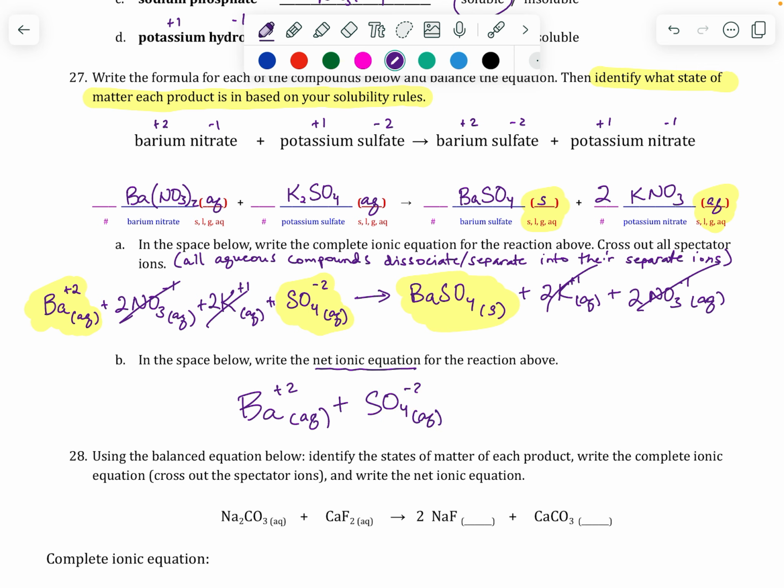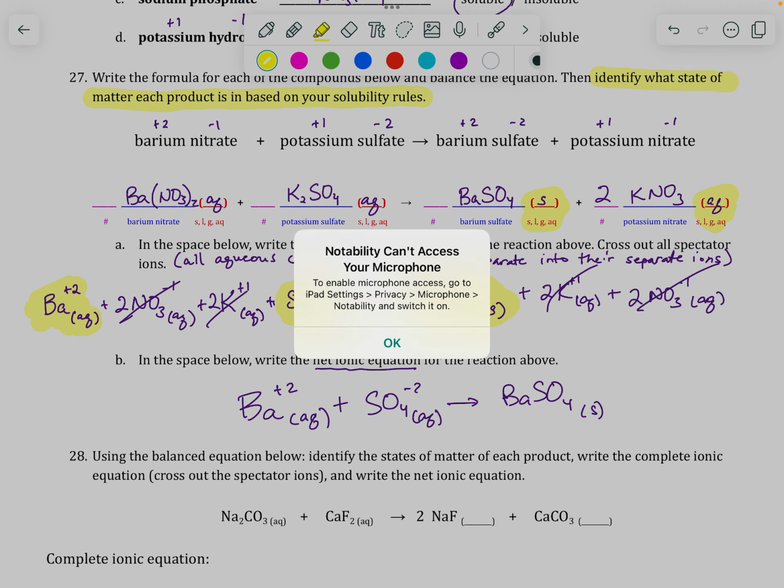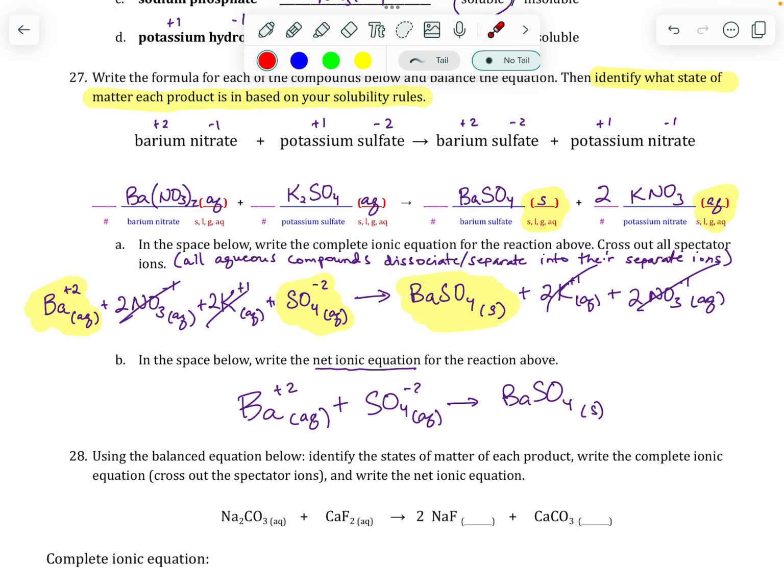So we have our aqueous ions, and then of course we have our solid product. And again, you need to make sure that you're including the charge on all ions that are separate and the states of matter on every ion, as well as our solid precipitate.